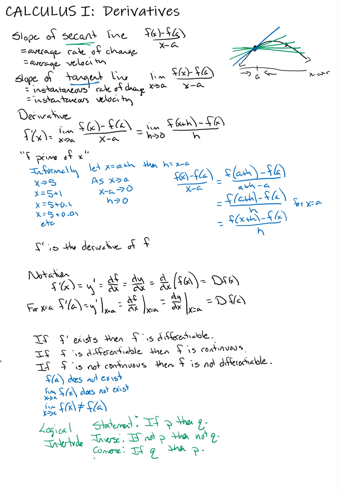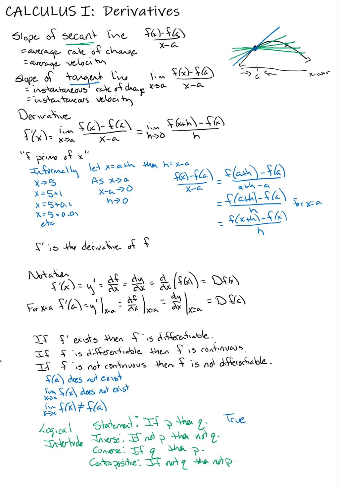That is called the contrapositive. So that would be if not Q, then not P. That's called the contrapositive.